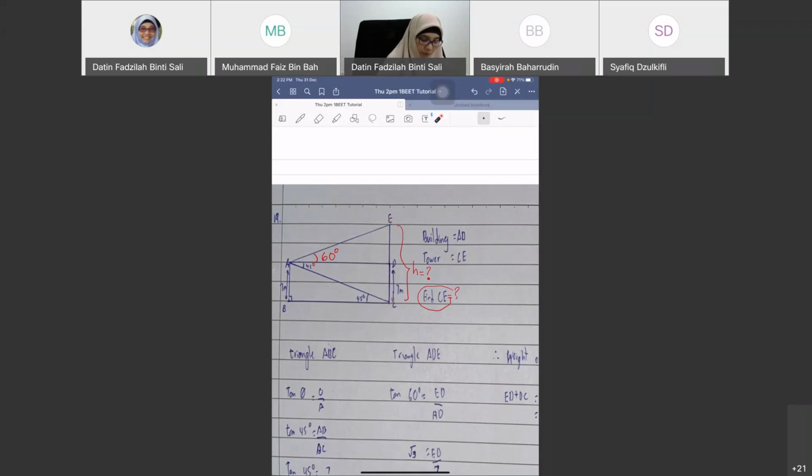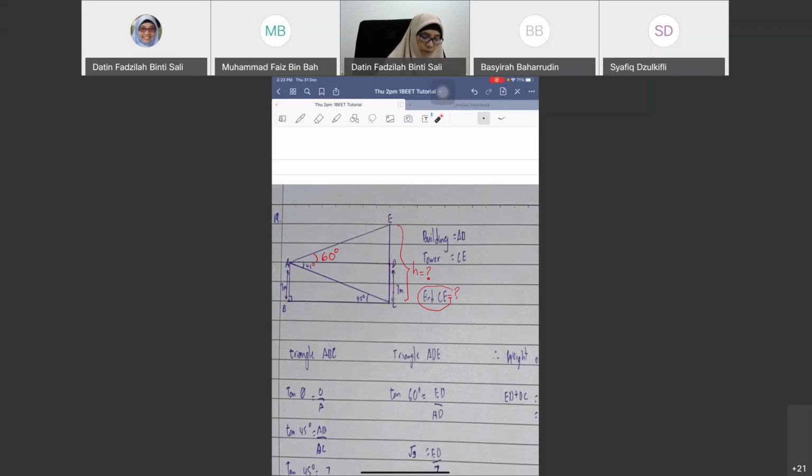So if you look at this diagram, you know that AB here is the 7 meter tall building. So this CD here is also the same height, which is 7 meter, the same as the height of the building.